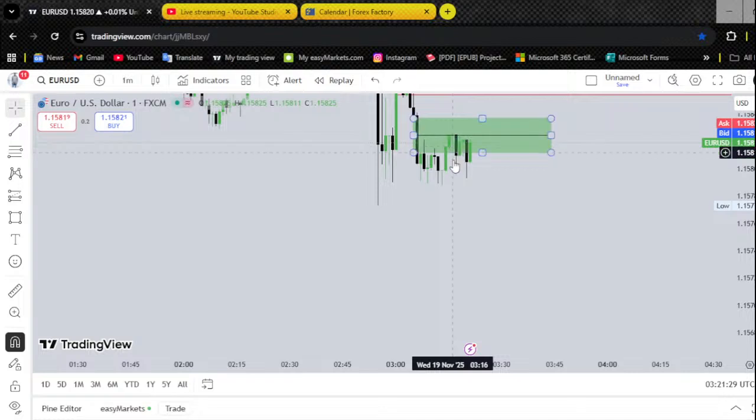I hate when market is consolidating this way, like now price is playing within the same range here. That's what we call time distortion.